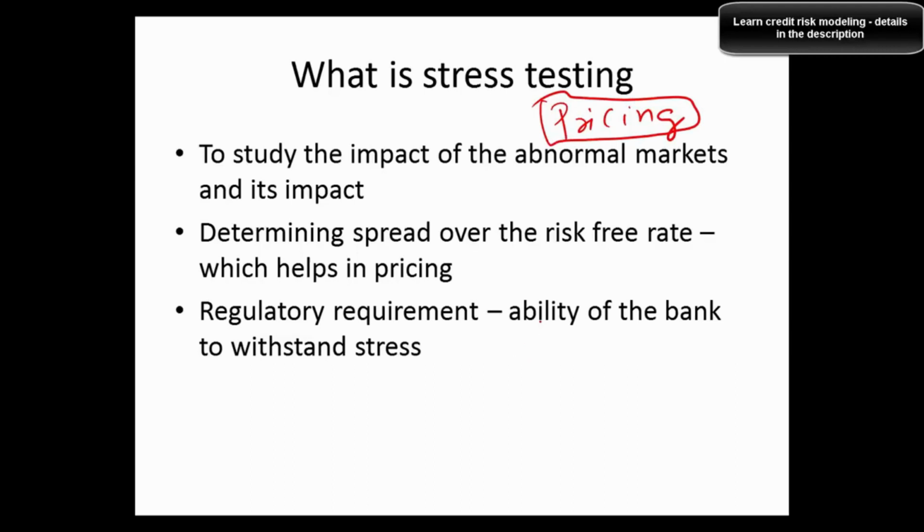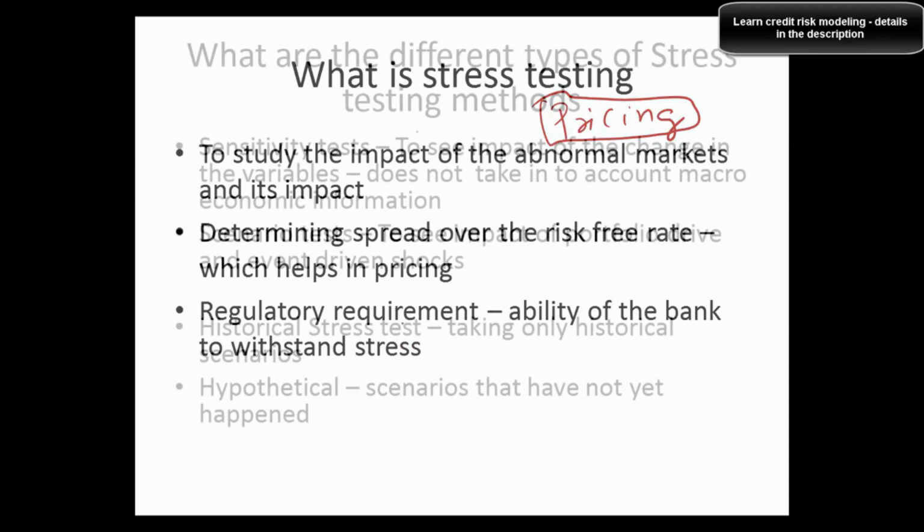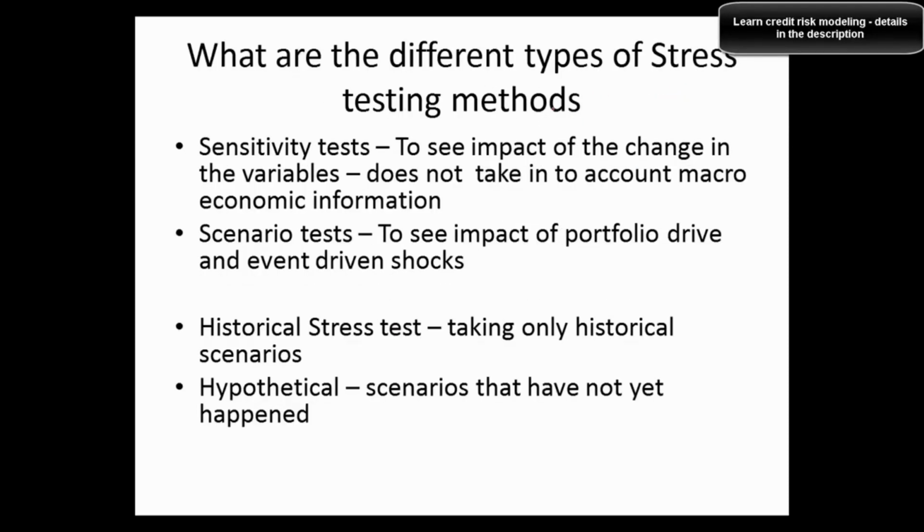Regulatory requirement: it's always a regulatory requirement to provide stress testing reports. In fact, CCAR and DFAST are stress testing frameworks for banks to conduct on a regular basis. What are the different types of stress testing methods? A few types I'll discuss.